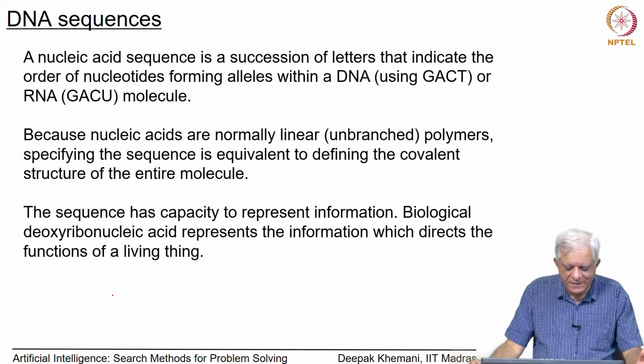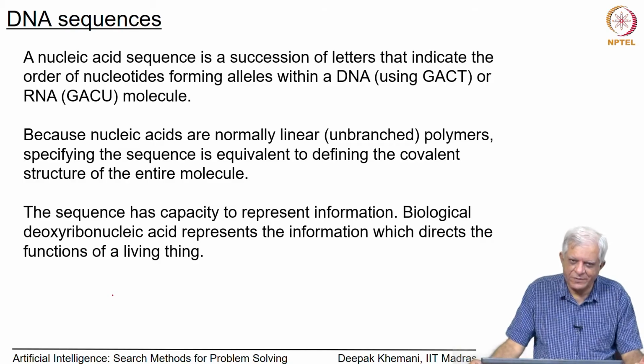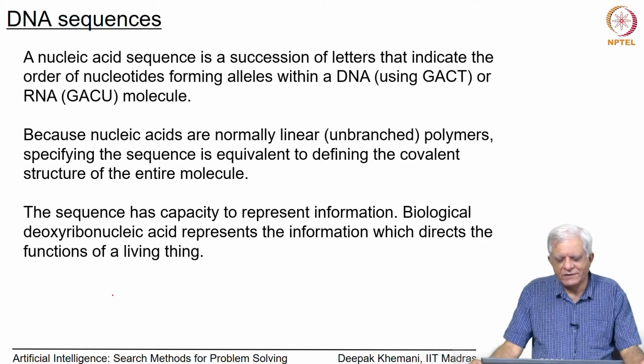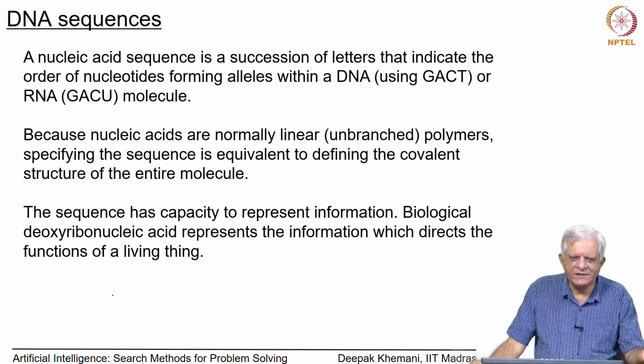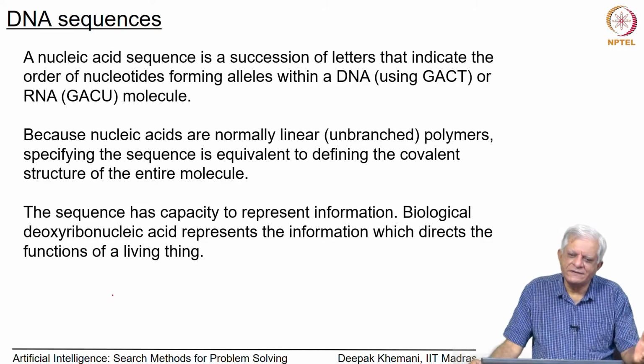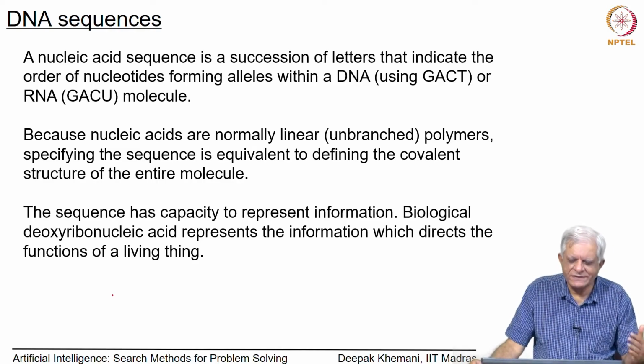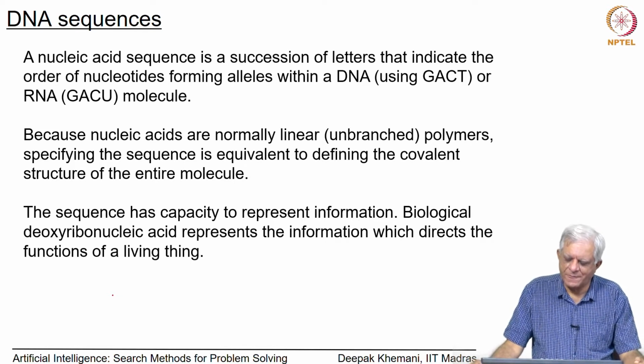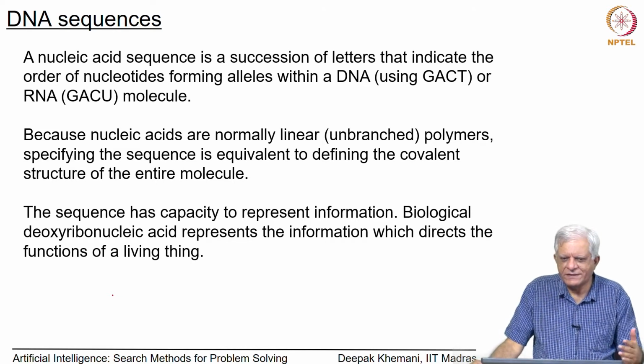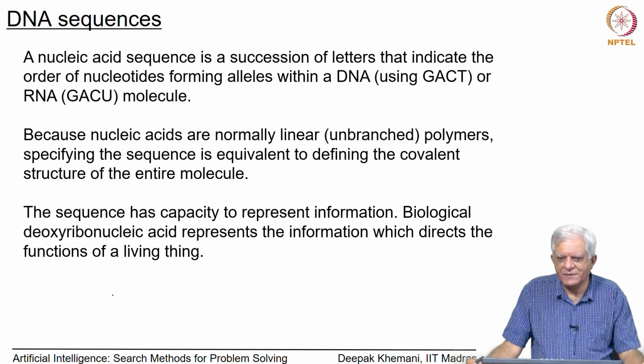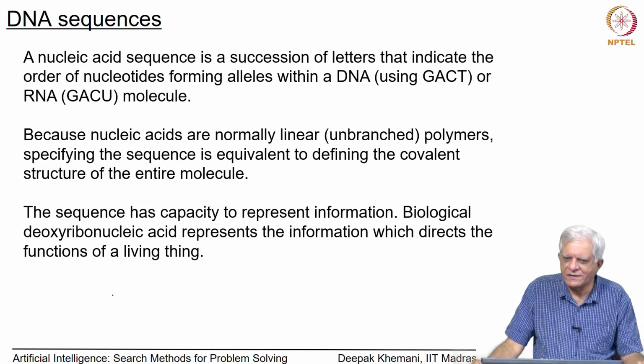The sequence has a capacity to represent information. Obviously, we say that it is in her genes or it is in his genes, and the DNA is what you inherit from your parents, and it is the DNA which decides how your body is built up and how you grow and what kind of hair color you have, and all that kind of stuff.